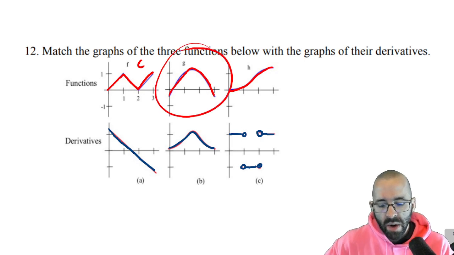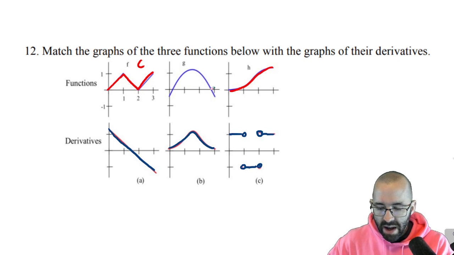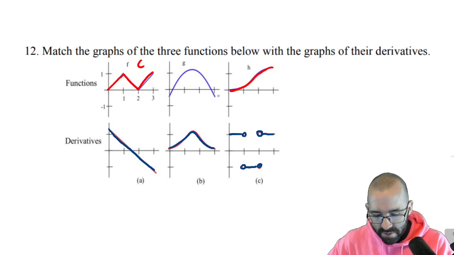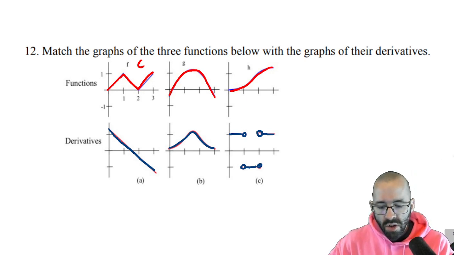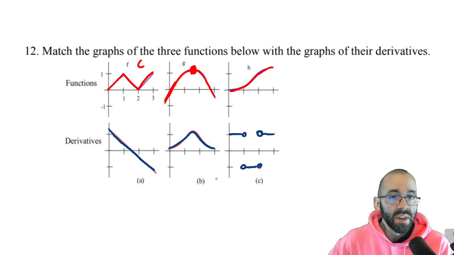What's happening with this next one? Well, hold on. I don't like how I copied this. It's a parabola. The slope is pretty steep and positive. And then, here's a really good thing to look for too.